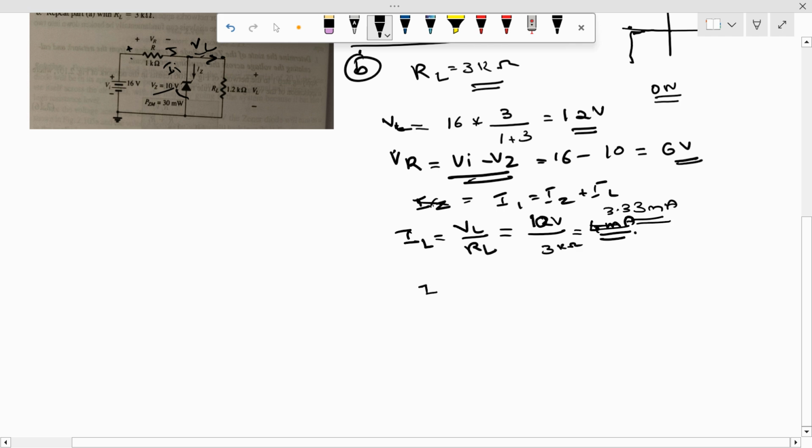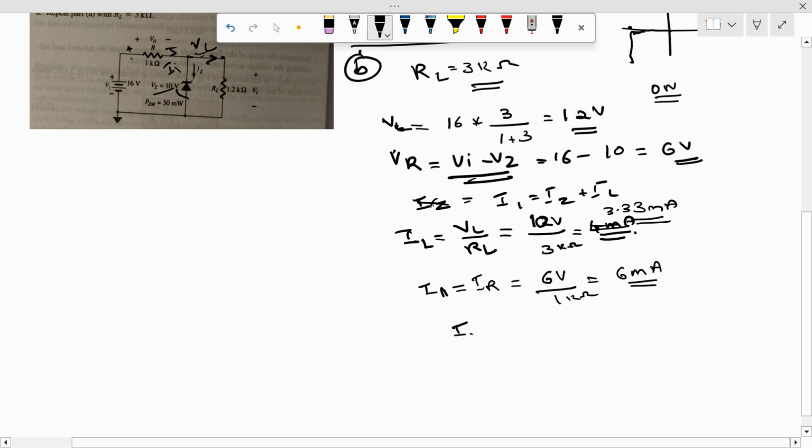And next we can actually find I1, which means the input current, which is equal to IR, the current through the resistor. What is the voltage across the resistor? Voltage across the resistor is 6 volt by the resistance. What is the resistance? It's 1 kilo ohm, so it's 6 milliamps.